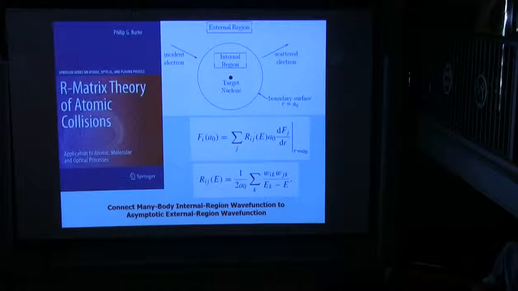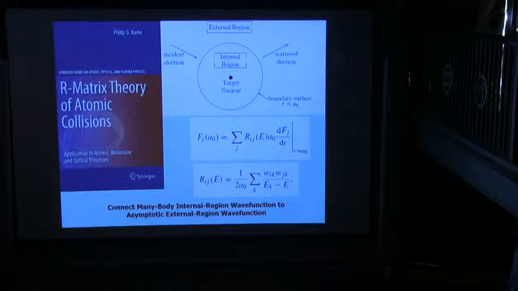Knowing that this is a mixed audience, I'm trying to minimize the number of equations here, and so to give you a flavor of what exactly is involved in the atomic physics calculations, we rely on the well-established R-matrix theory of atomic collisions. It dates back to the Wigner nuclear physics days, but has been developed over decades, primarily as far as my work is concerned, with the Belfast group under Phil Burke.